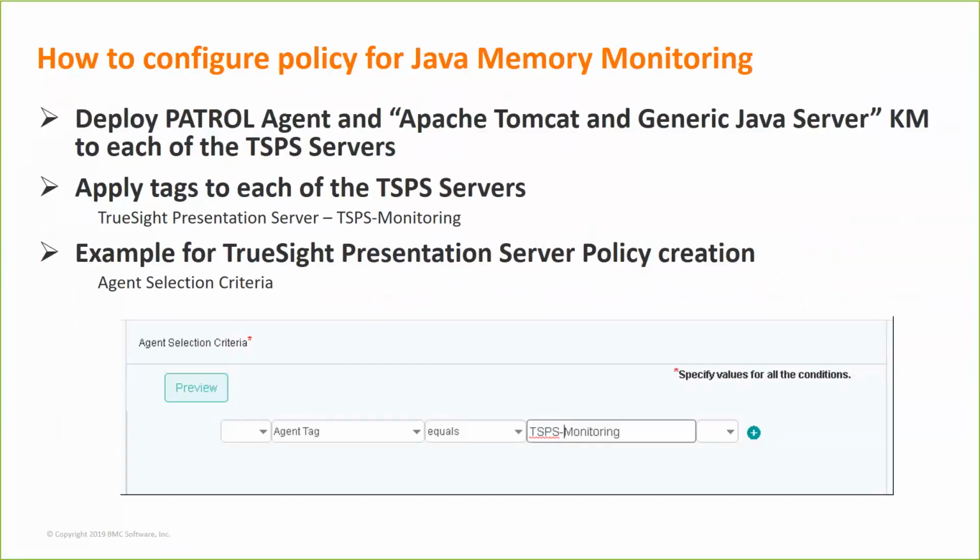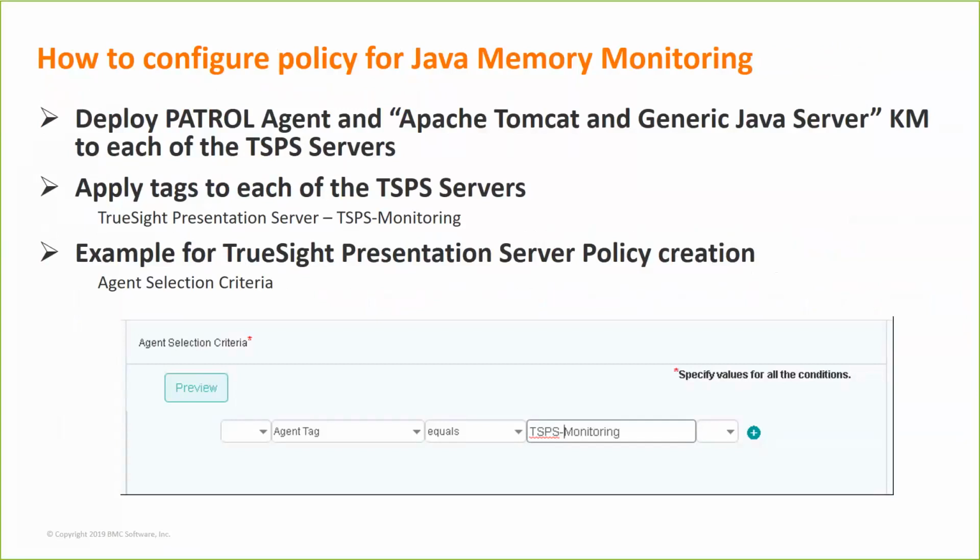The other thing we like to do is set tags for managing who's going to get this policy. For the presentation server, the tag that I chose was TSPS-monitoring. I have applied that and created a .current file with that tag information. After that, when I'm creating my policy, one of the first things I do, after naming it, is give it a selection criteria.